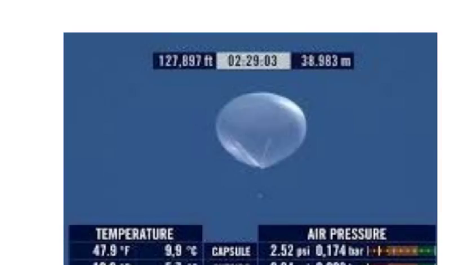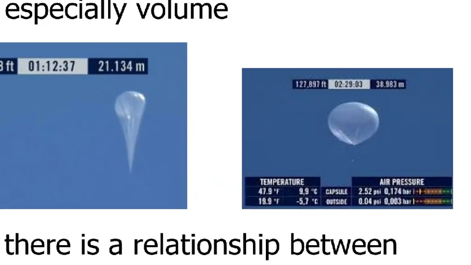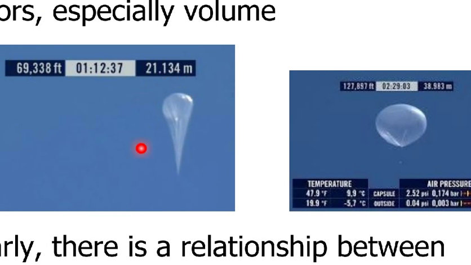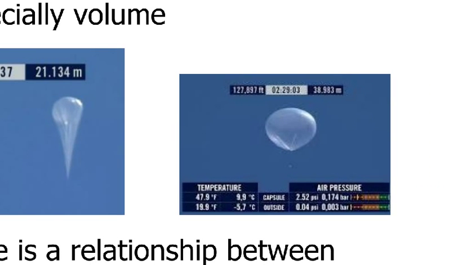Anyway, this was pretty cool. The reason I show you these pictures is to compare the size of the balloon. Notice the height here, about 21,000 meters. Look at the size of the balloon. And then over here at 39,000 meters, look at the size of the balloon.